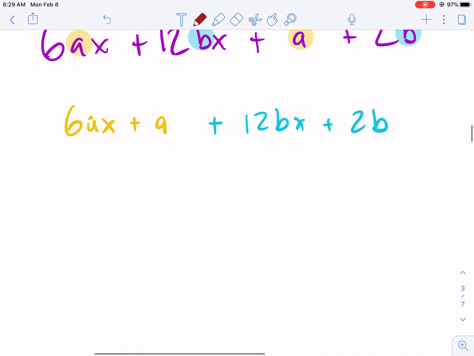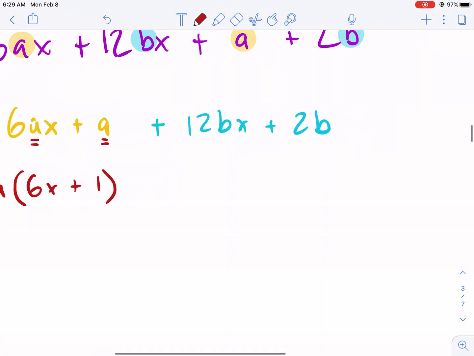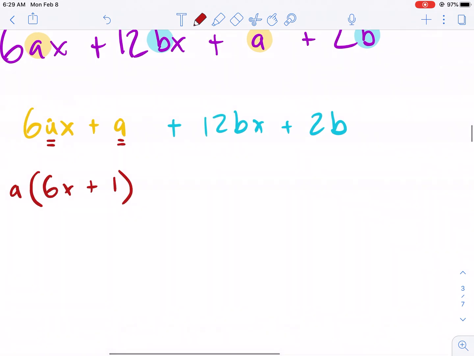Okay, so what do we have common factors here? We have a and a here, so I'm going to factor out an a from this group, leaving me 6x plus 1. Over here, what do I have? I have a b and a b, but I also have 12 and 2, which now we have a coefficient, which is kind of cool, because now we can factor out a 2.